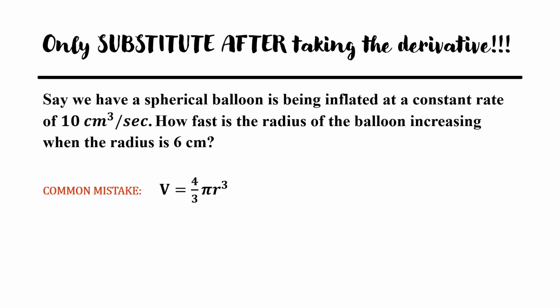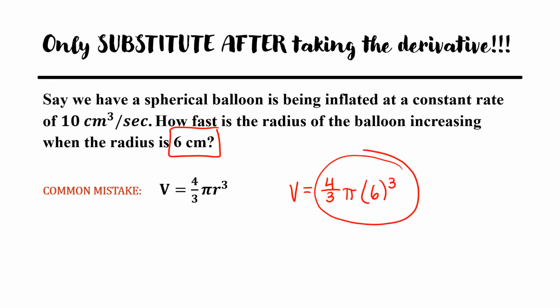If we are to substitute this radius is equal to 6 centimeters into our formula now, we will get v is equal to 4/3 pi times 6 cubed. Notice that everything on this side is now a constant. So if we take the derivative with respect to time, we will get that dv/dt is equal to 0. And this is because we have said that the radius is always 6.